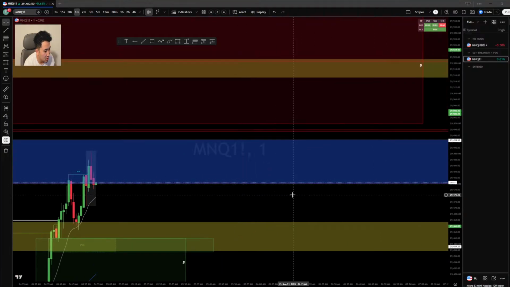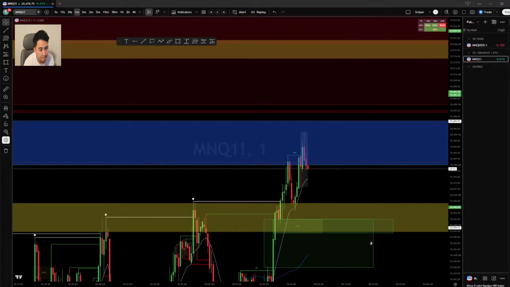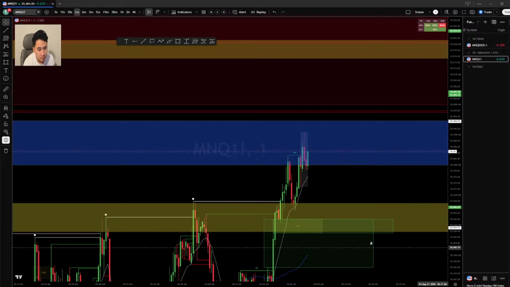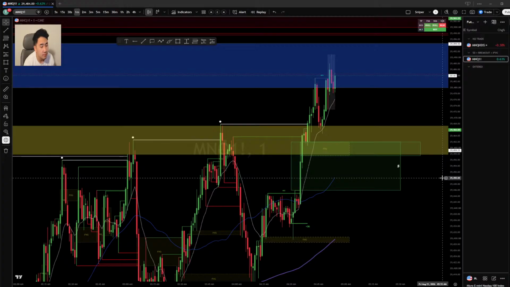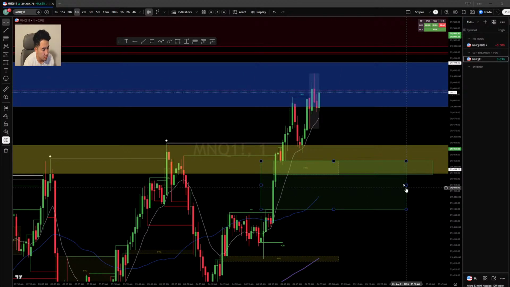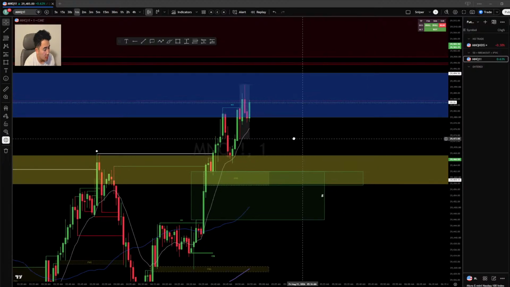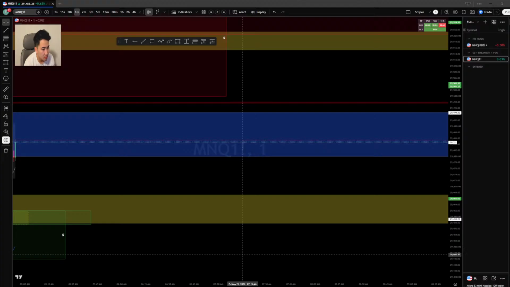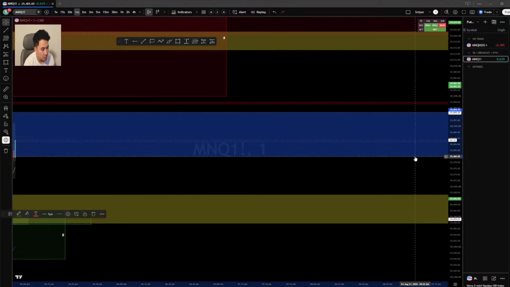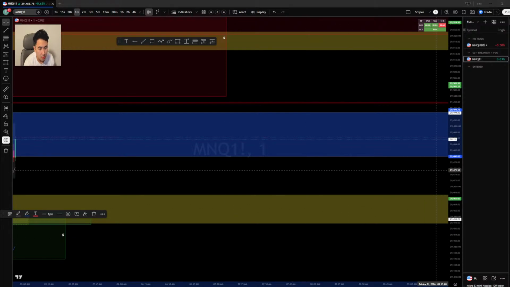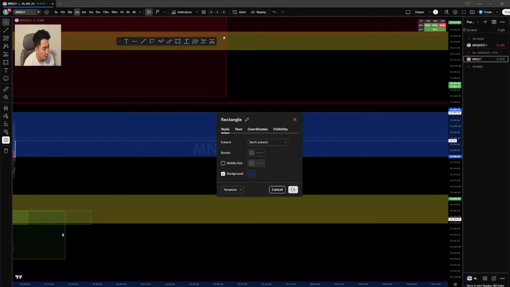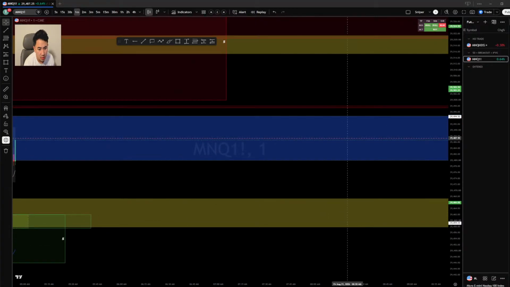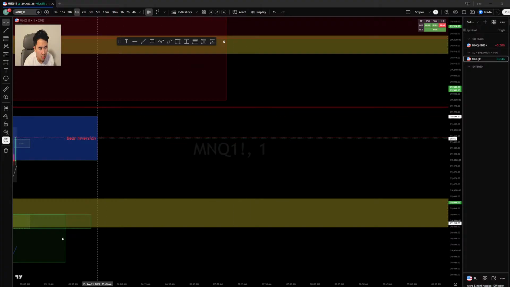Here we've tapped into a bearish inversion zone. All right. Why are these extending? Or not? May send it too far.